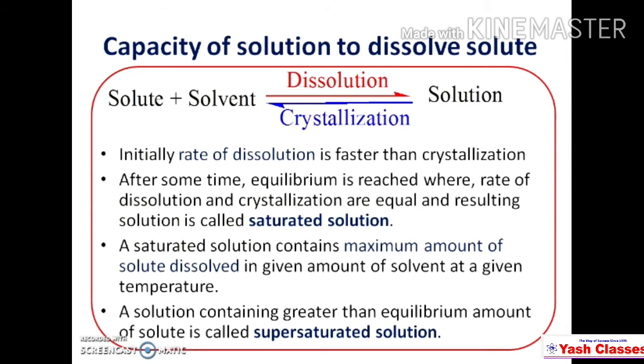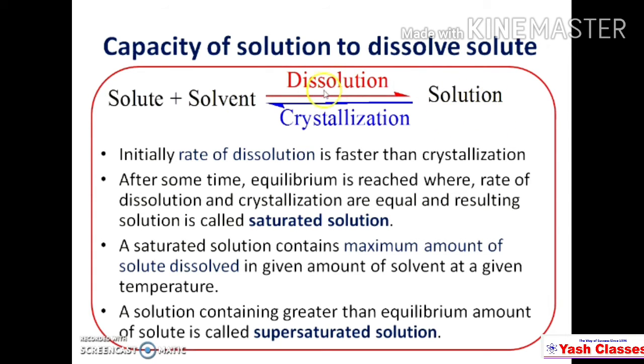Now next important point, that is capacity of solution to dissolve solute. Now remember, when solute is added in a suitable solvent, first of all, solute slowly undergoes dissolution and enters into the solution, that is solute plus solvent, the resulting homogeneous mixture called a solution.